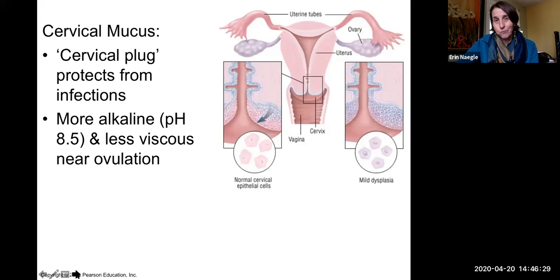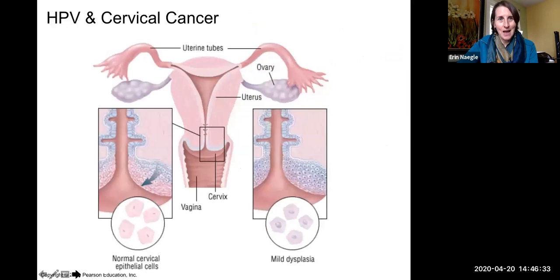This epithelium is also important to talk about because it's also the site of cervical cancer. So HPV is short for human papilloma virus, which is spread through sexual intercourse. And there are lots of different types of HPV strains. Two of them are known to contribute and cause cervical cancer in women, and rarely some cancers in men.